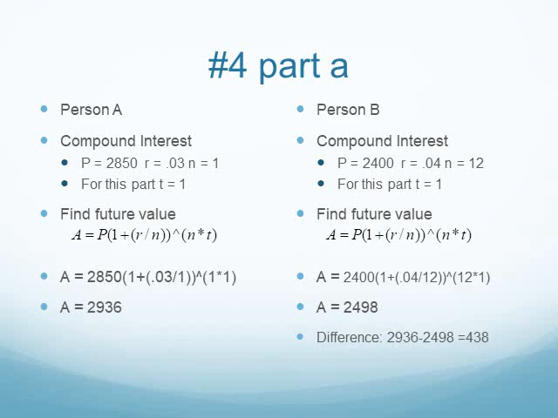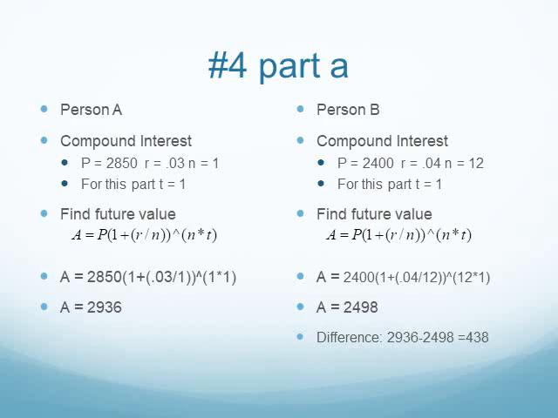So I came down here and in the formula, I plugged in all my values. So my principal, and then 1 plus my rate divided by N, which in this case is just 1, and raised it to the 1 times 1 power. Remember that your power is N times T in this formula, so you really don't need it, but it's a good habit, right?